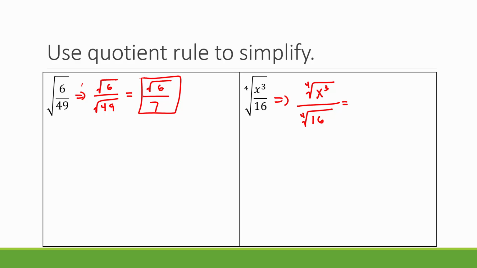Therefore, the fourth root of 16 is simply 2. So my final answer would be the fourth root of x to the third all over 2. So using the quotient rule, you can separate that radical symbol to your numerator and your denominator.